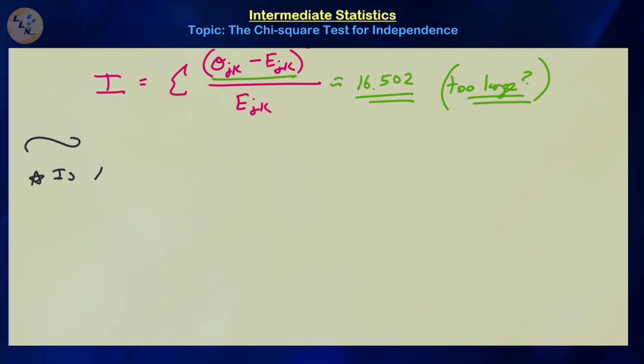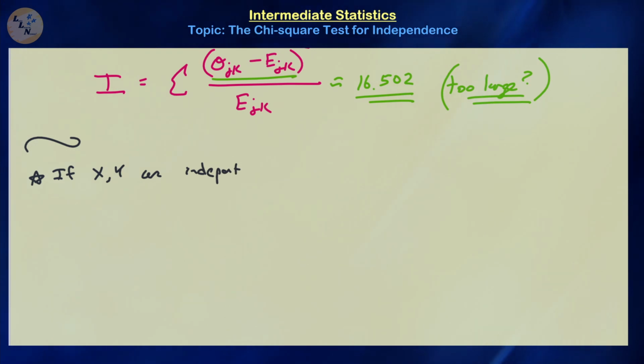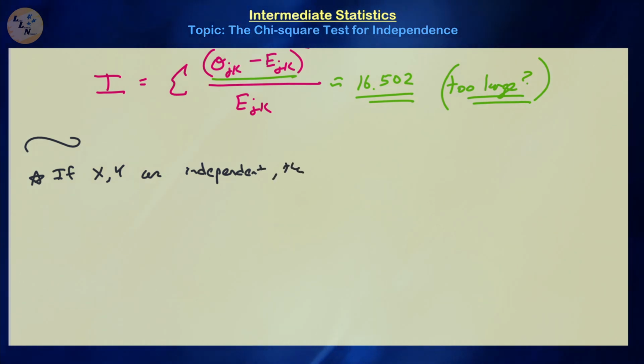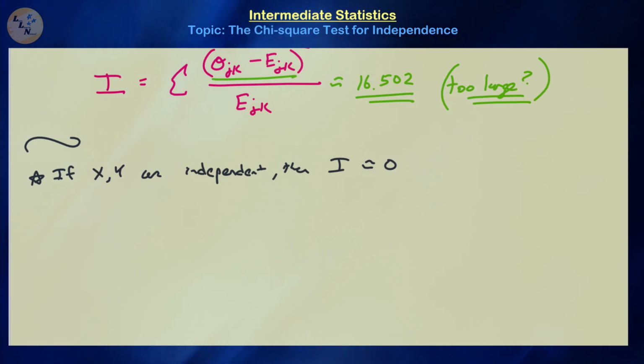Right? So if x and y are independent, then I should be approximately equal to 0, right?